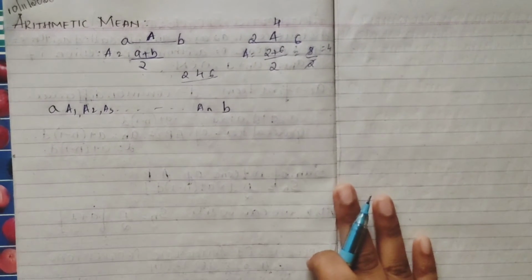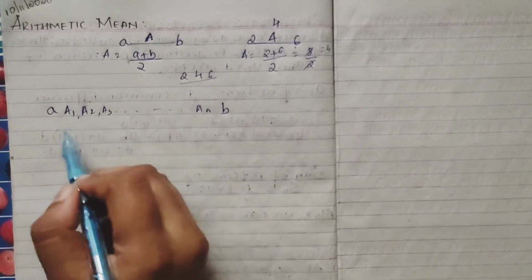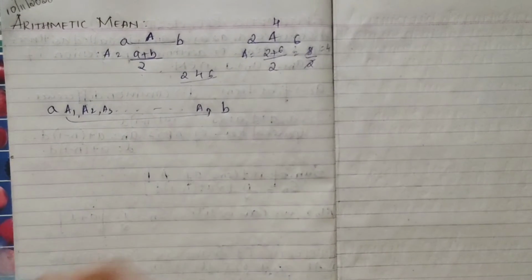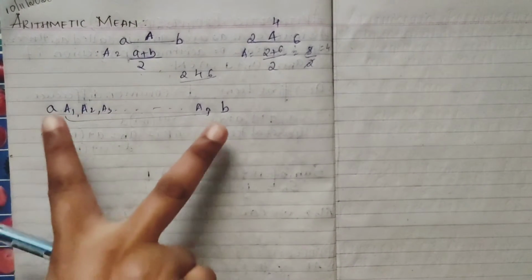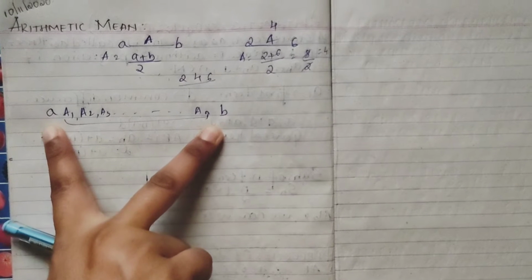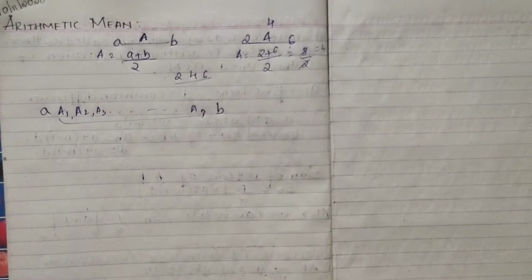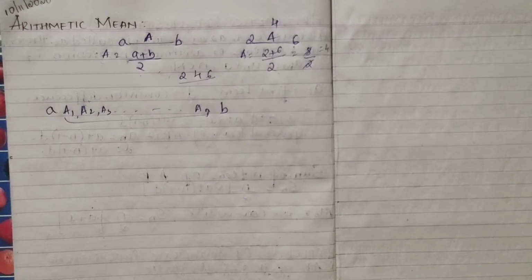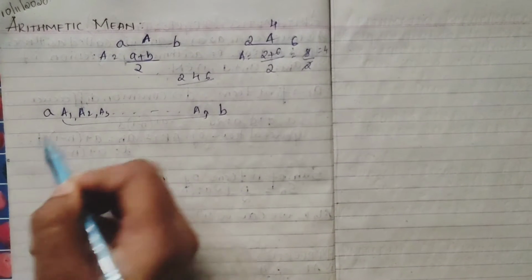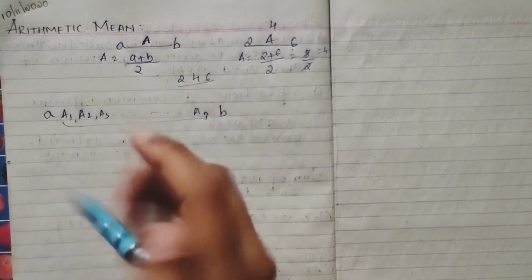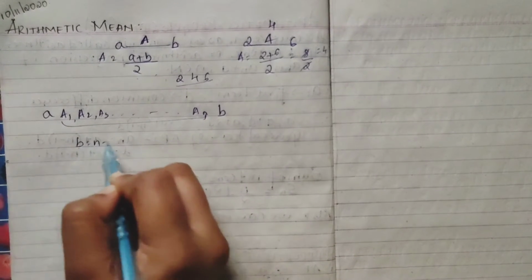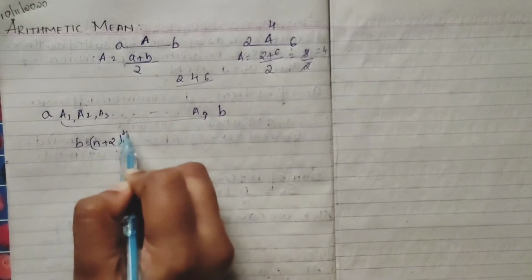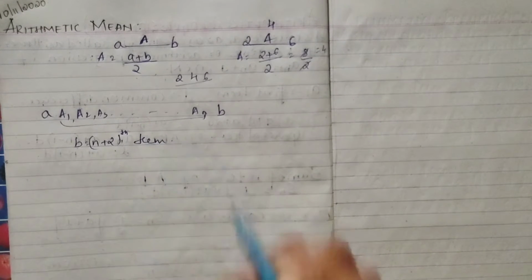So like this only we can find n number of means, like we can insert n numbers between your first and last term, that is your a and b. So in this case, how can we find in the general form your a n? Now here there are two numbers a, b, so your b is what? The n plus 2th term, right?